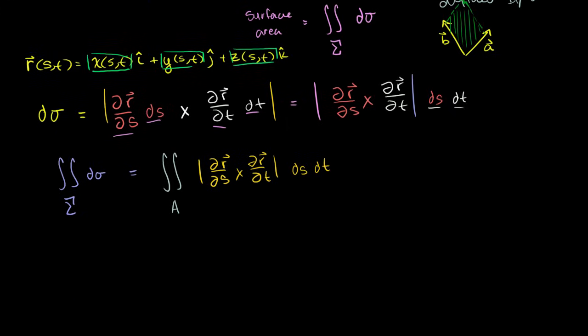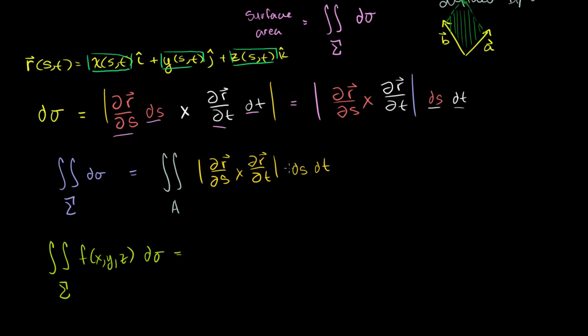So we could write it this way. This is where you can imagine the function is just 1. We're just multiplying each of the parallelograms by 1. But we could imagine we're multiplying each of the little parallelograms by f of x, y, and z, d sigma. And it's going to be the exact same thing.